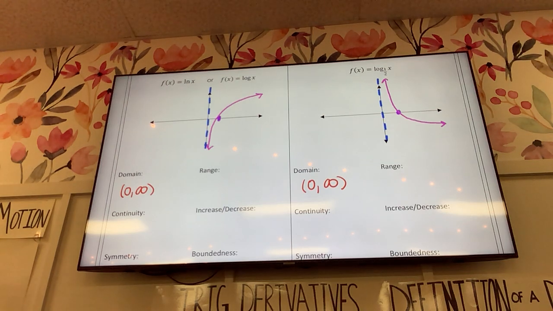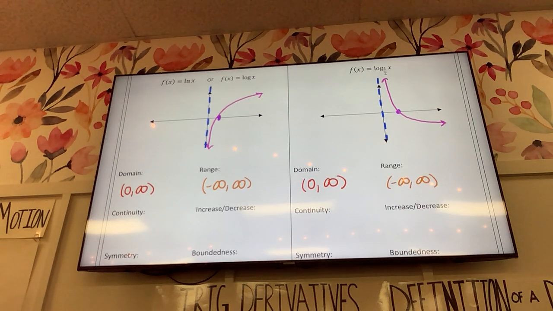But if your asymptote changes or there's a reflection happening, your domain is going to change. Your range for logs is always all real numbers, because you'll go down forever and up forever, no matter what kind of shift you have. Left, right, up, down, reflecting, flipping. Your range will always be all real numbers.